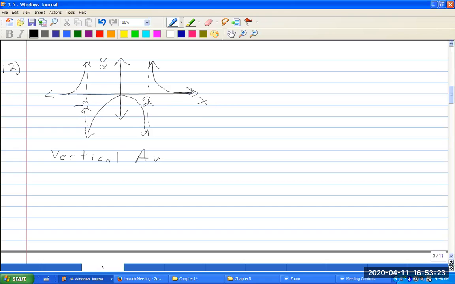And again, we're just looking at the graph. So visually, what's a vertical asymptote? Well, it's these lines. It is the vertical line that you approach as x approaches some value. And so in this case, it is the line x equals 2 and the line x equals -2.